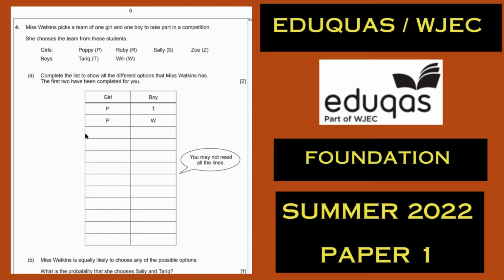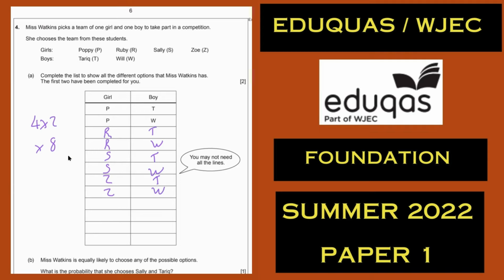Number 4, these listing things, they take forever, but they're easy marks. The fact is there are 4 girls, 2 lads. Make sure you end up with 8, including the 2, so you need 6 more. So we've done Poppy. It goes Ruby, Ruby, Sally, Sally, Zoe, Zoe, and TW alternates.